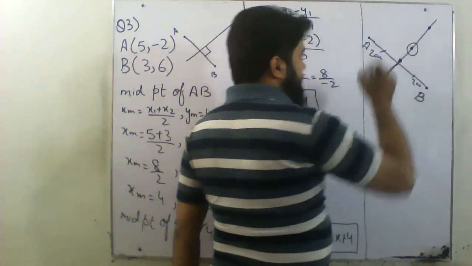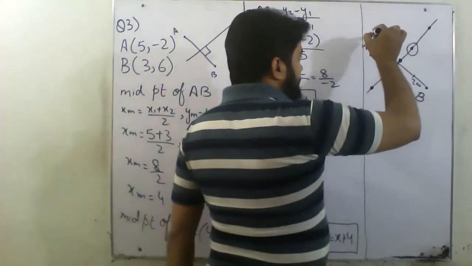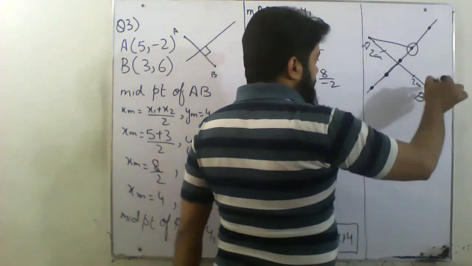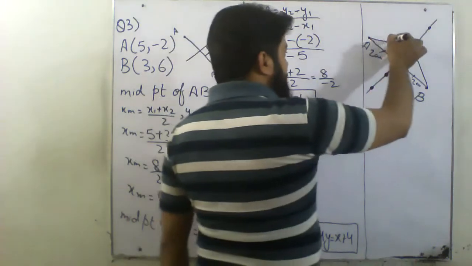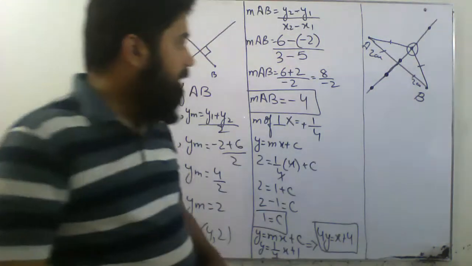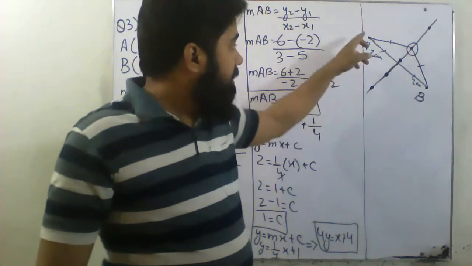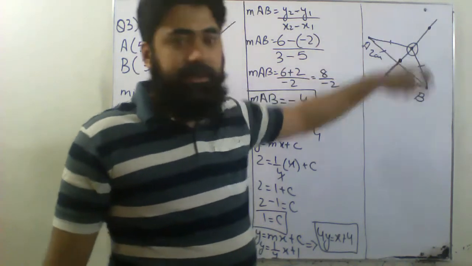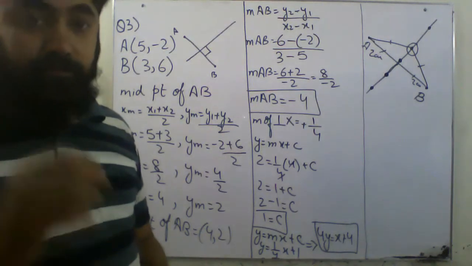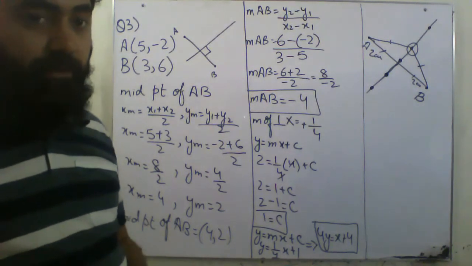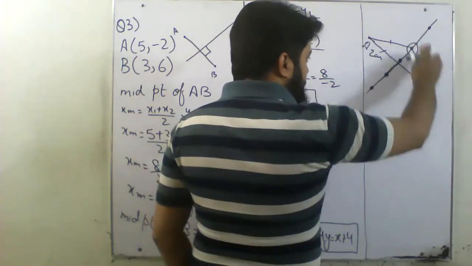Whatever your choice is, mark it like this, circle it, and draw a line from A to this point and from B to this point, and measure the length of both lines.